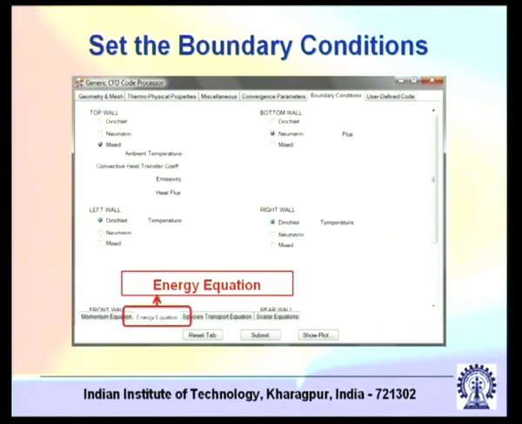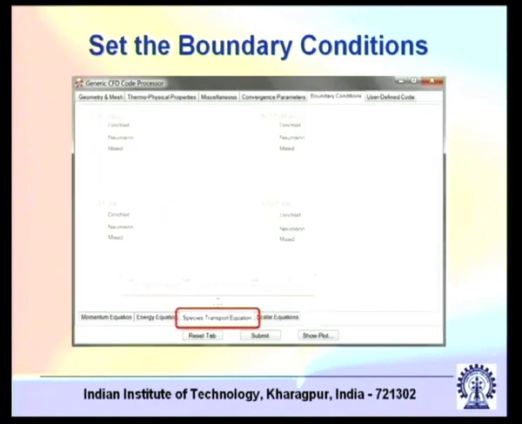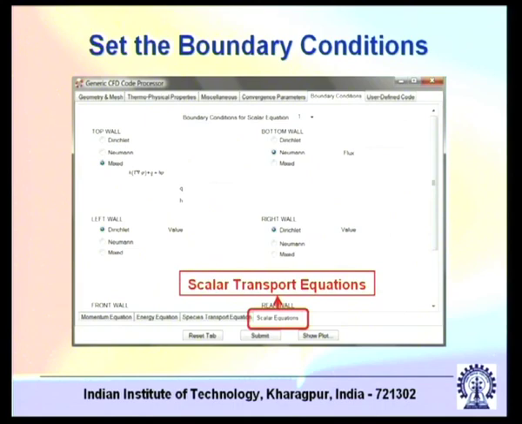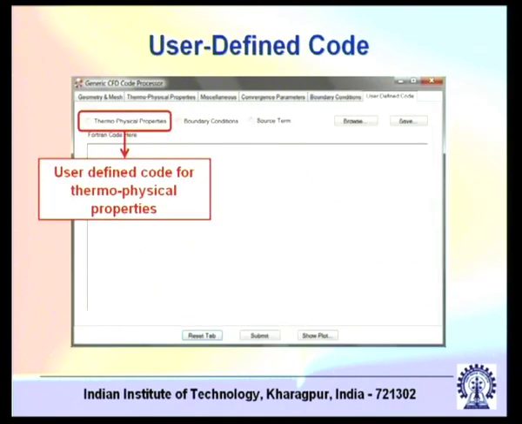So you can have boundary conditions for different equations, the species transport equation, and for any other generic scalar equations. So for each type of equation you can use different boundary conditions. We will go into the boundary conditions in more detail through 1 or 2 examples that we will see later on.